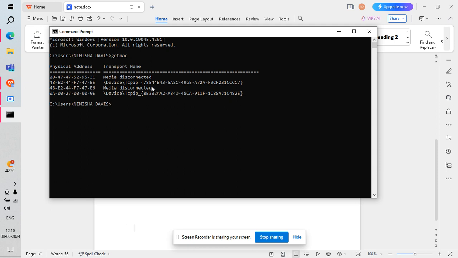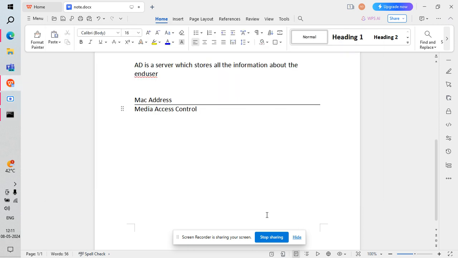So we will get the MAC address of the system or device. So you can check whether this MAC address is matching, and we can easily identify the device, right? So the MAC address is a unique and permanent address, the permanent physical address of the system.